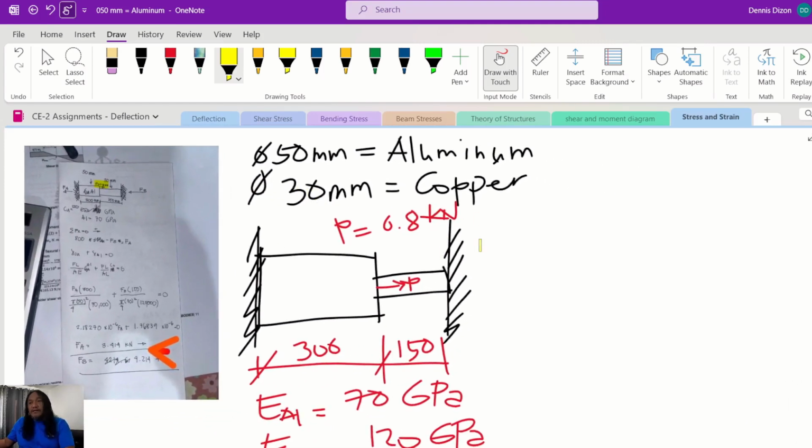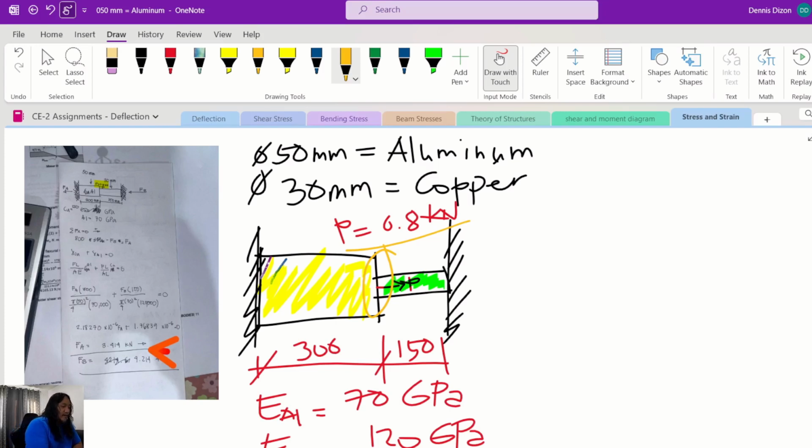So I drew the diagram again. So this is the aluminum, and then this is the copper, and then there is a force acting at the joint here, which is equal to 800 Newton or 0.8 kilonewton.